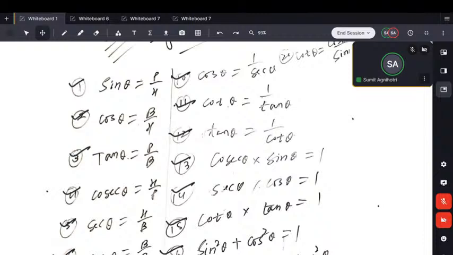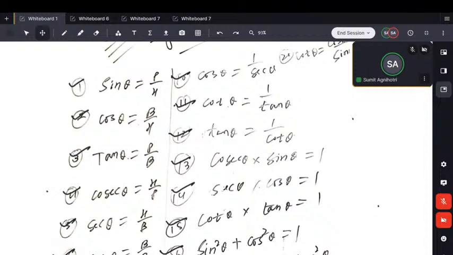Identity parts need to be well covered first. Tan theta is sine over cos, cot is cos over sine, you know that, and all these identities you know that. I just want you all to quickly write down all these identities and recall all these identities.